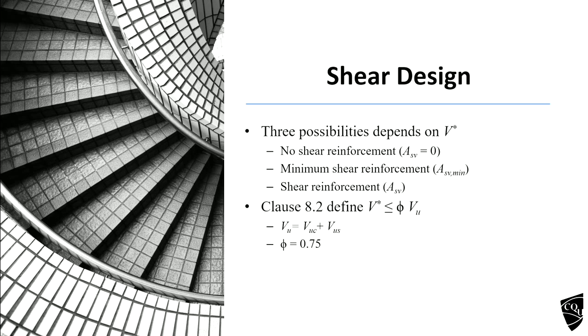So if the concrete component is sufficient, sometimes the VUC is quite large, especially in the slabs. VUC itself can satisfy the V star less than or equal to pi VU inequality condition.